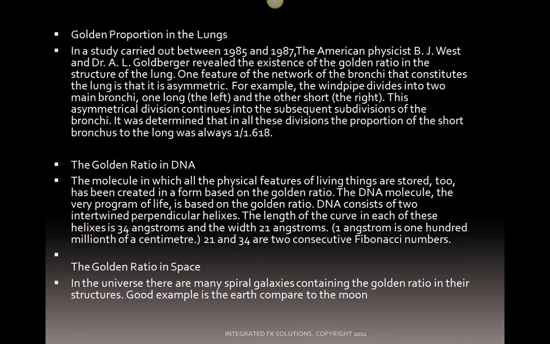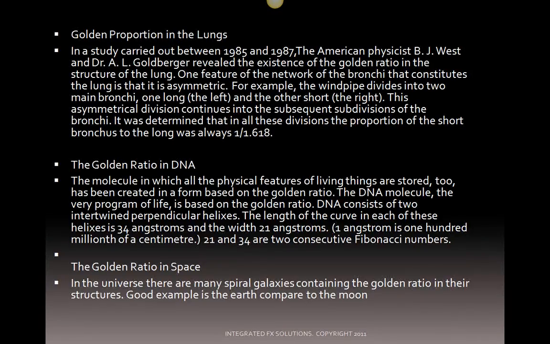It was determined that in all this division, the proportion of the short bronchus to the long one was always 1.618. Amazing. So the golden ratio is also seen in the structure of the lung. It's important. It's golden.